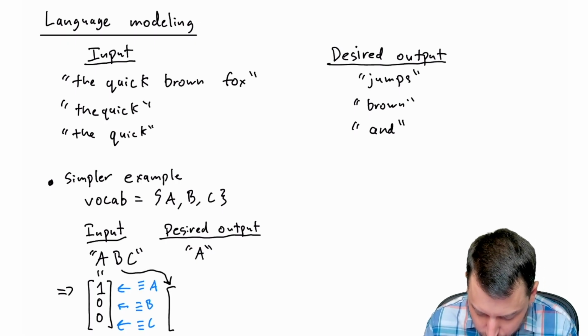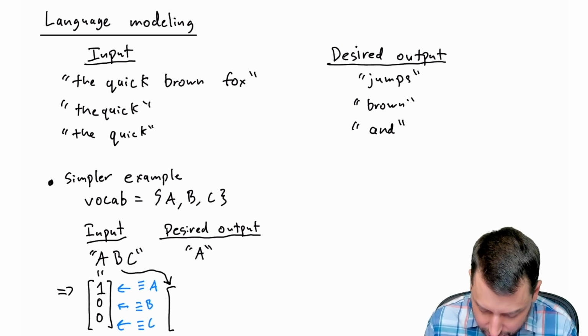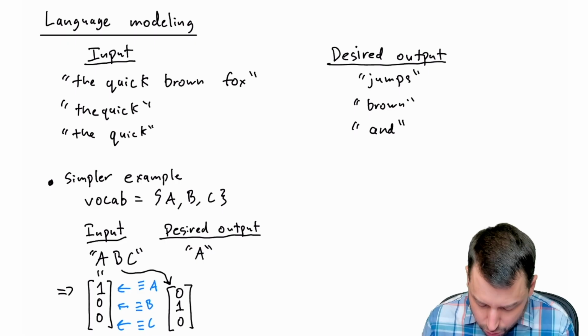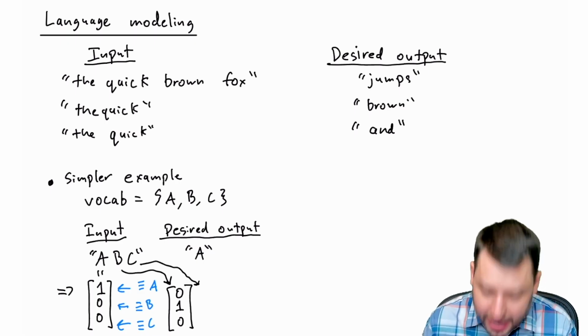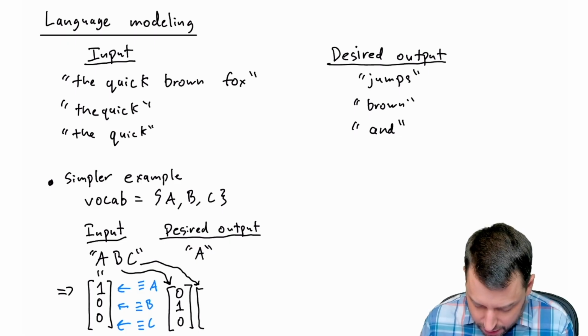So the next word would be represented as the vector 0, 1, 0, and the next would be represented as the vector 0, 0, 1.